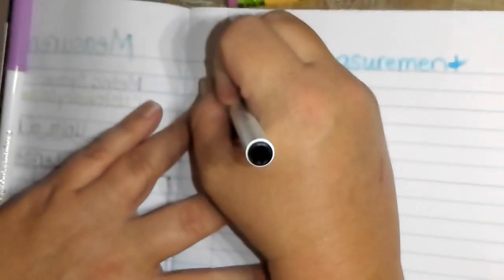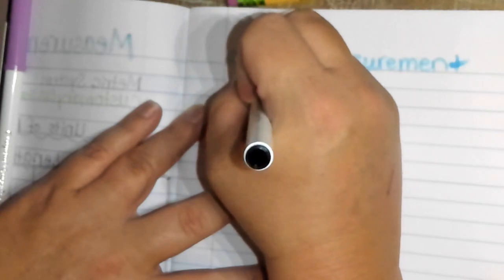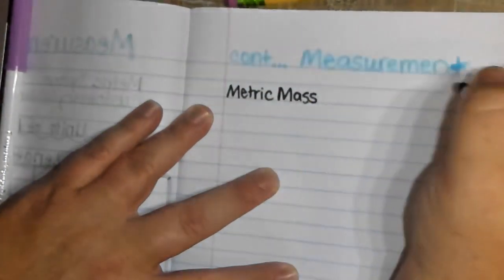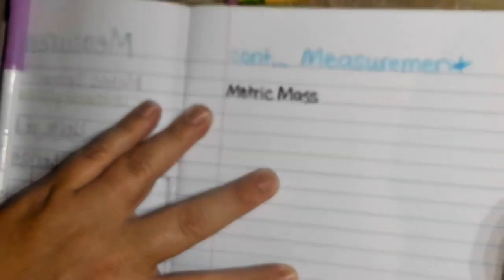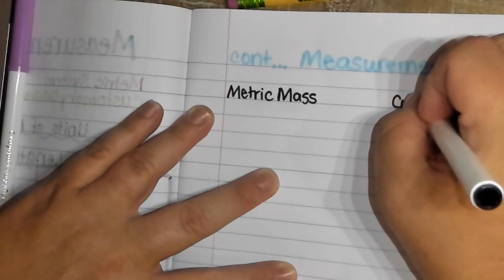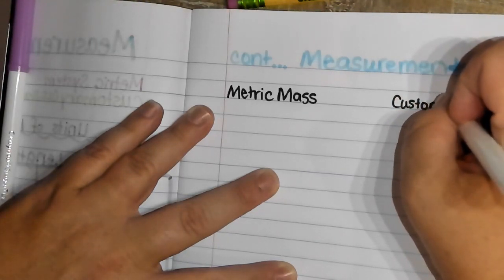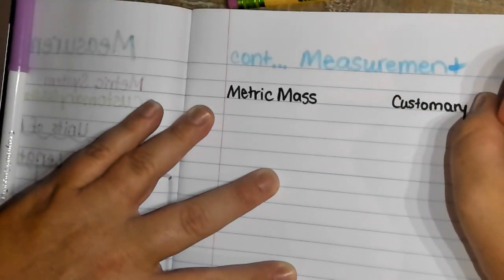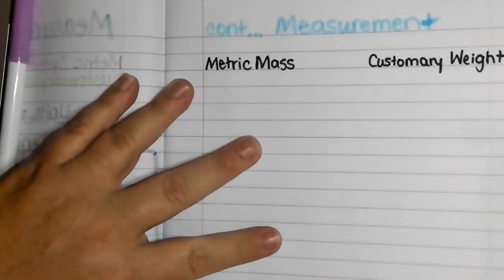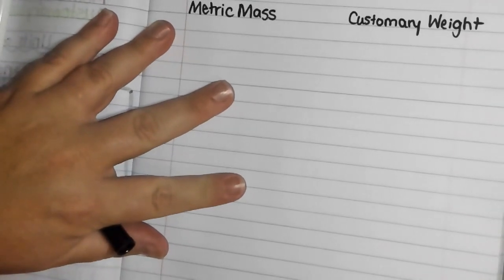So I'm going to put at the top of this one metric mass. And then over here on this side, I'm going to write customary weight. Customary, or remember US, what we use the majority of the time. Customary weight. Oh, can't see that. Okay, hold on. All right.